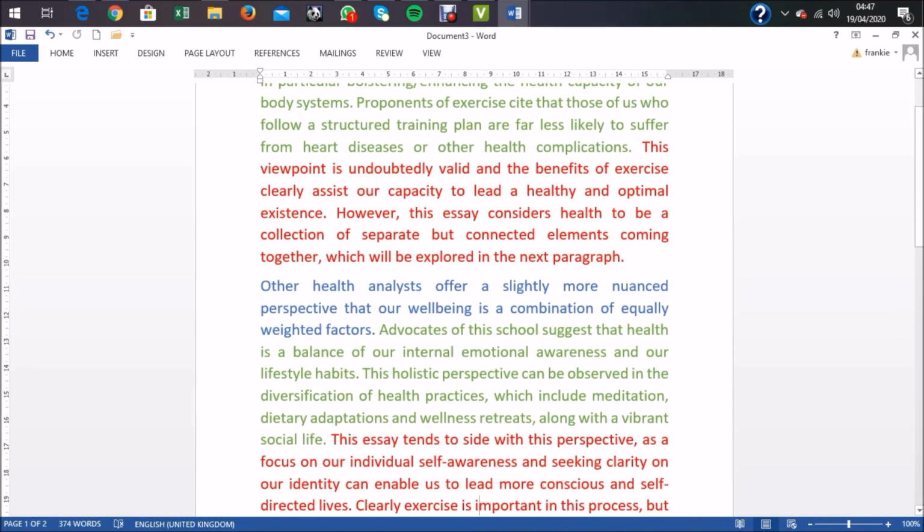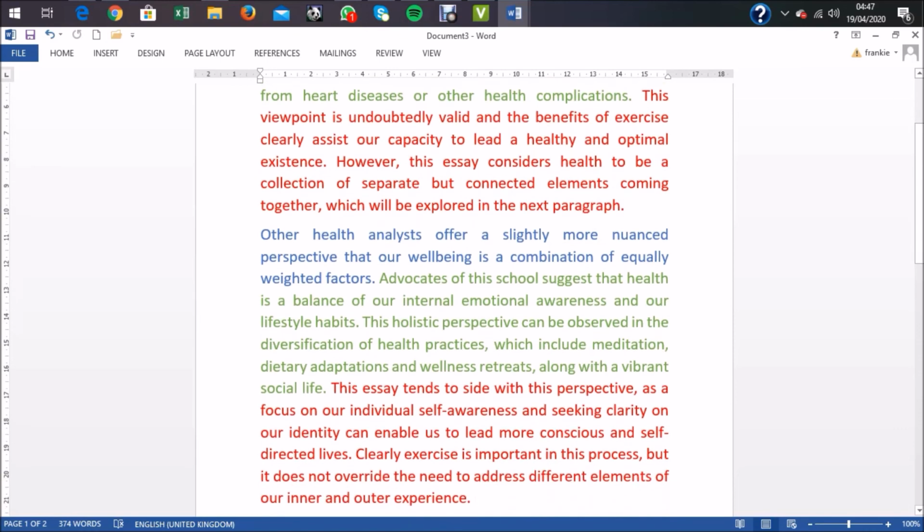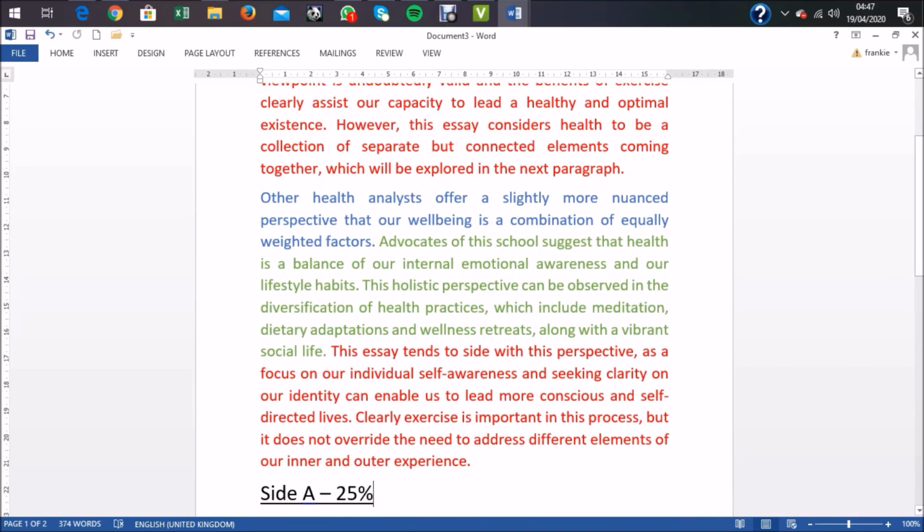Other health analysts offer a slightly more nuanced perspective that our well-being is a combination of equally weighted factors. Advocates of this school suggest that health is a balance of our internal emotional awareness and our lifestyle habits. This holistic perspective can be observed in the diversification of health practices, which include meditation, dietary adaptations, and wellness retreats, along with a vibrant social life.